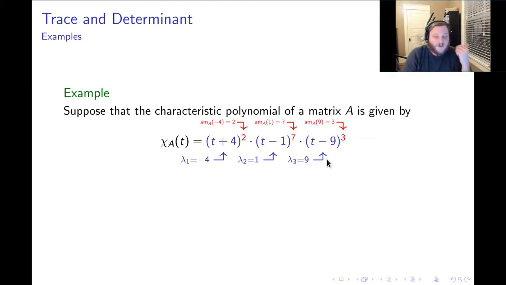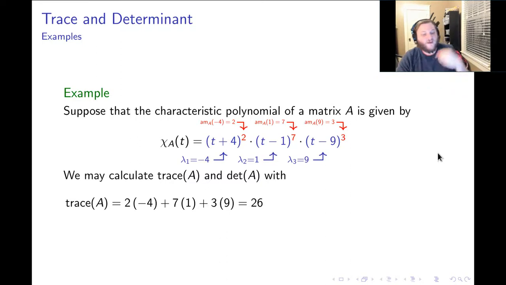We also know the algebraic multiplicities. For lambda equals negative 4, the algebraic multiplicity is 2. For lambda equals 1, the algebraic multiplicity is 7. And for lambda equals 9, the algebraic multiplicity is 3. Great. Now with this information, we can calculate the trace and the determinant. The trace is the sum of the eigenvalues, where each eigenvalue is multiplied by its algebraic multiplicity.